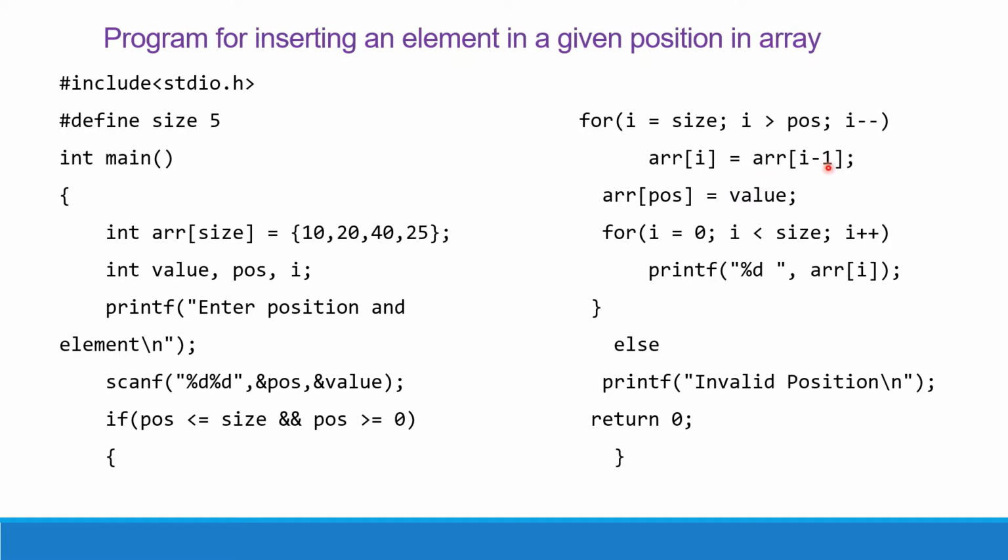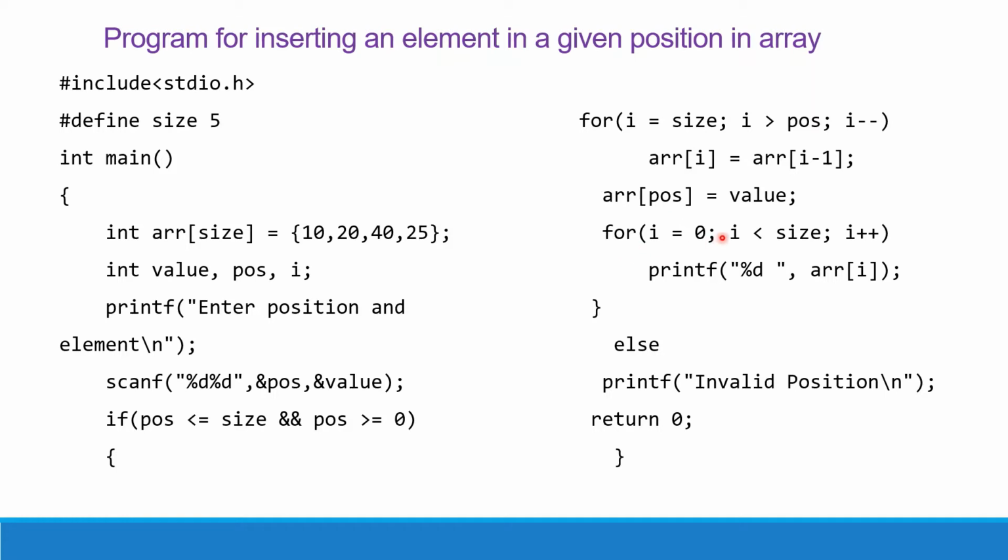Okay, once I have done that, then what else do I have to do? I'll get an empty space where I want to insert the value, right? So at that position, array of position, I'm inserting the value, which is nothing but the new value which I got from the user. Okay, that I'm going to insert here, array of position.